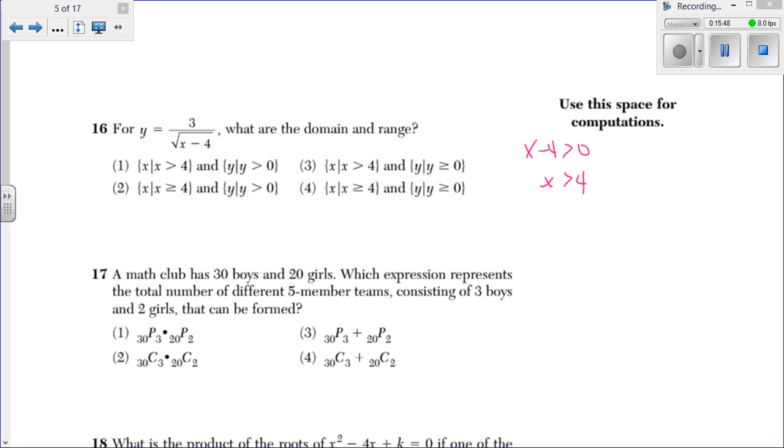And since it's a radical, I'm never going to get a negative answer. Therefore, y has to be greater than 0. But the question is, can it be equal to 0? And that would be no. Because if I put in, let's see here.